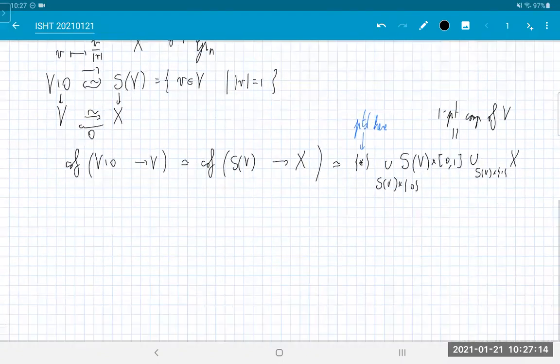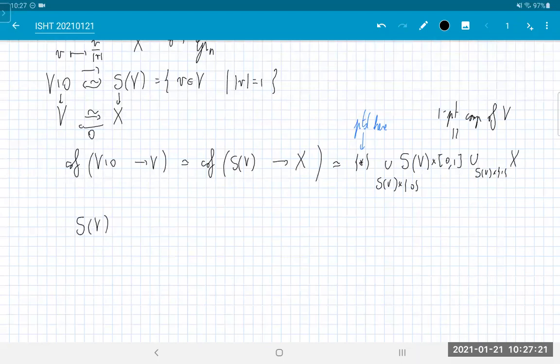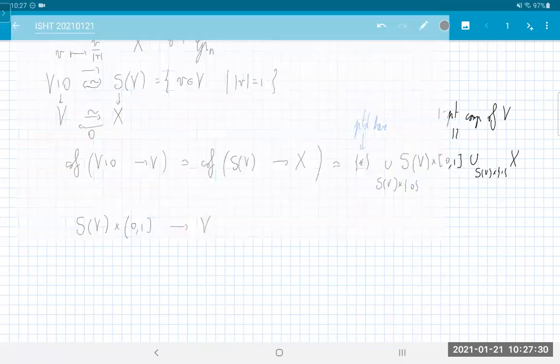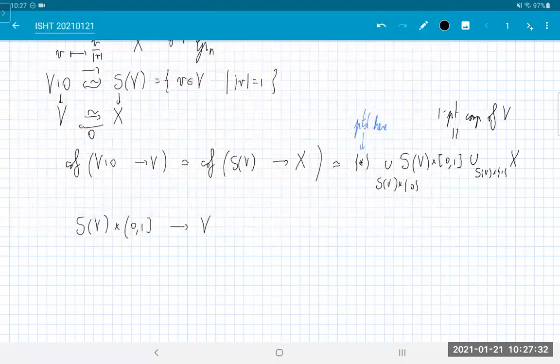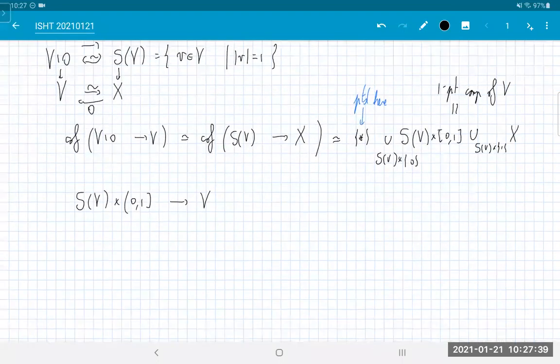And to do so, let me construct actually a map from SV times (0, 1) to the 1-point compactification of V. And actually, it's probably easier if I construct a map from SV times the half open interval into V. And this is just going to be, oh well, I chose the wrong direction.